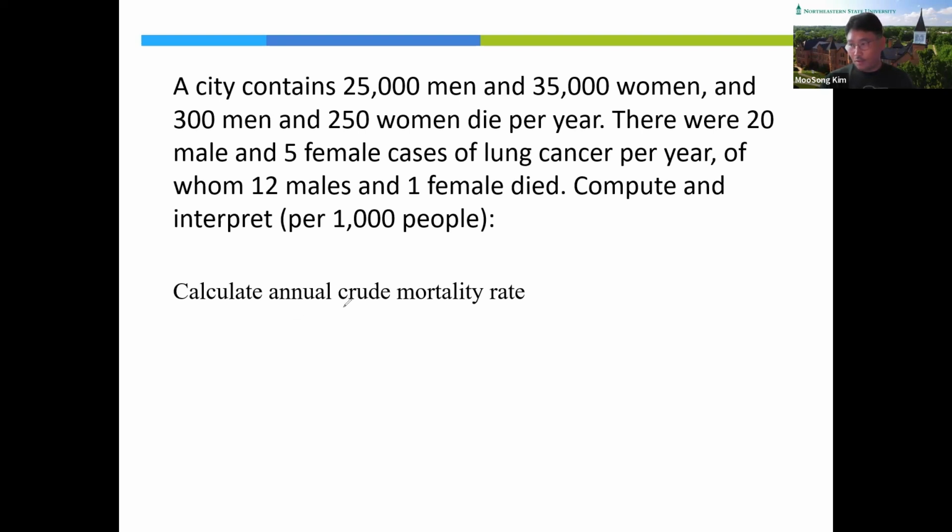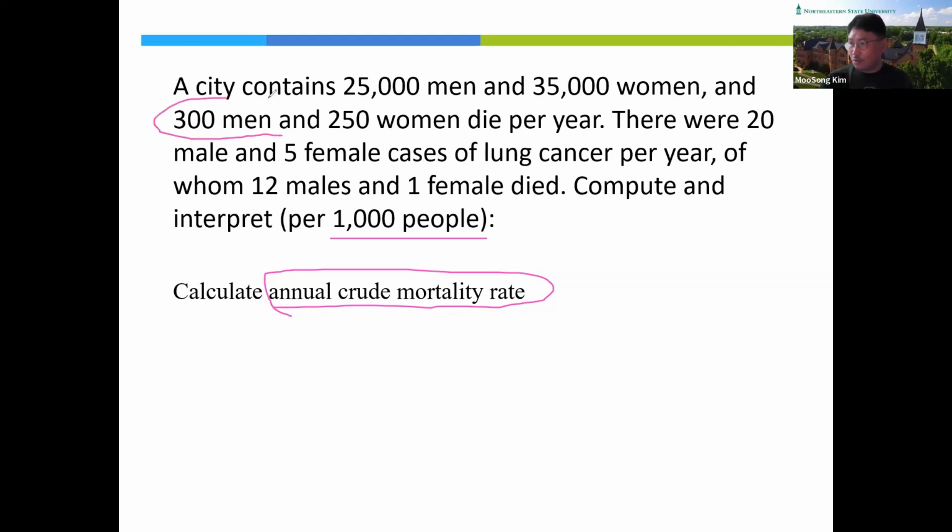Okay, so let's work together. For the annual crude mortality rate, the formula is total number of deaths over total population, times a constant, which is 1,000 people here. How many people actually die in this example? A city contains 25,000 men and 35,000 women, and 300 men and 250 women die per year.